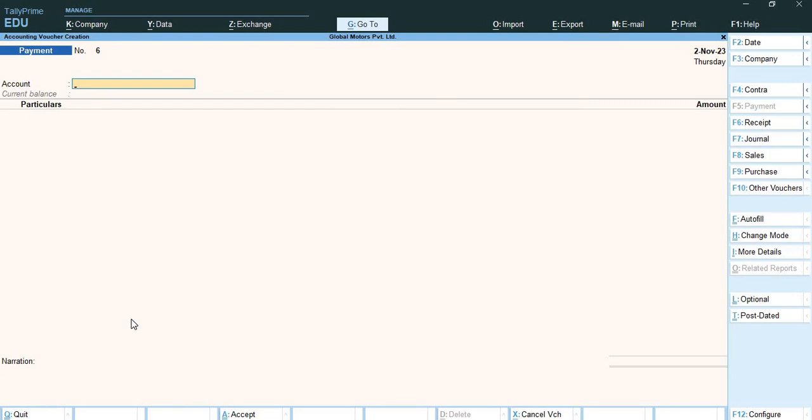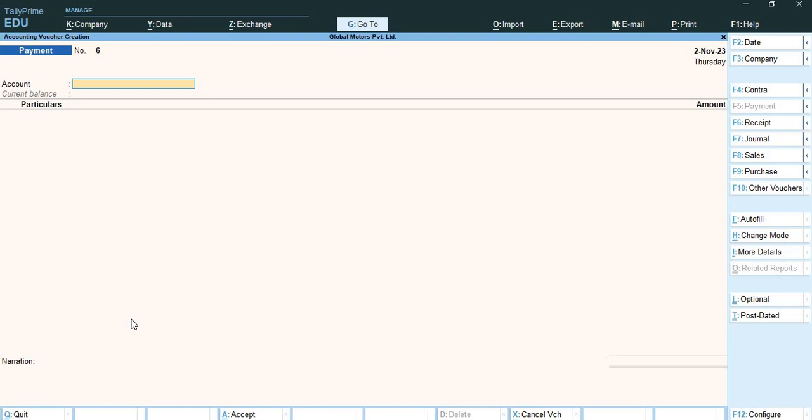Now, the next topic is reversal of expenses with TDS, which means that earlier you booked the expense and also deducted the TDS while booking the expense. But now, because of some reasons, you want to cancel the expense and you also want to get the TDS reversed.